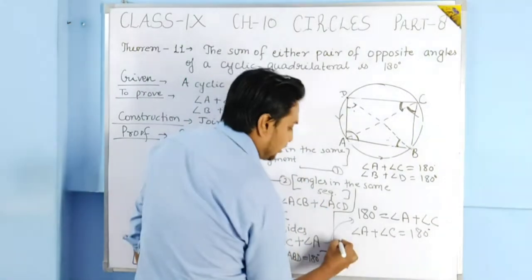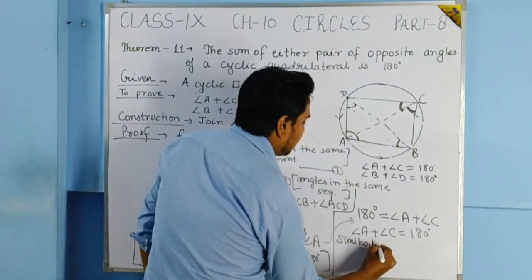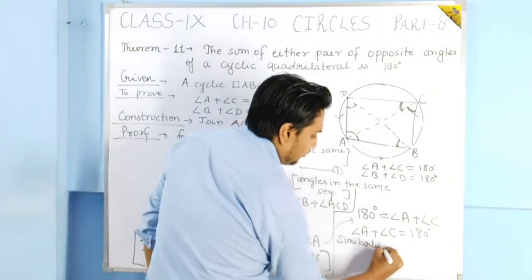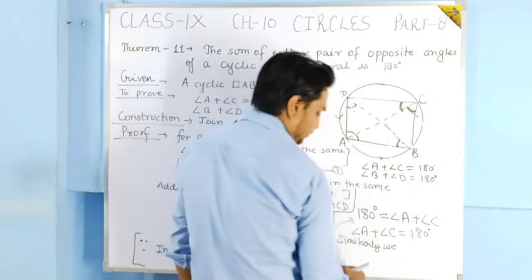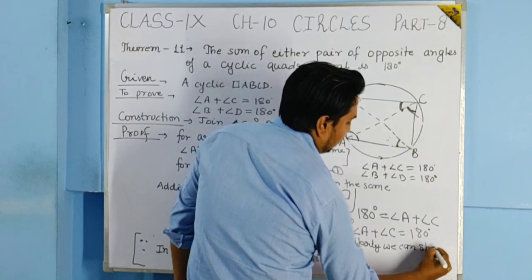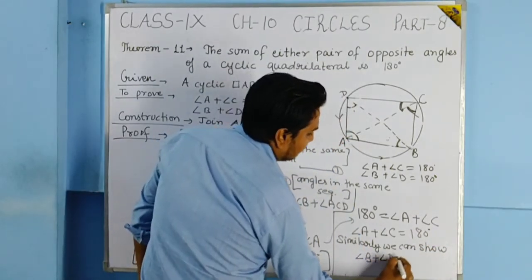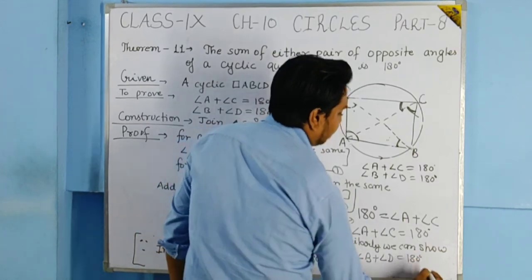Okay, and similarly we can show, or we can prove that angle B plus angle D is 180 degree.